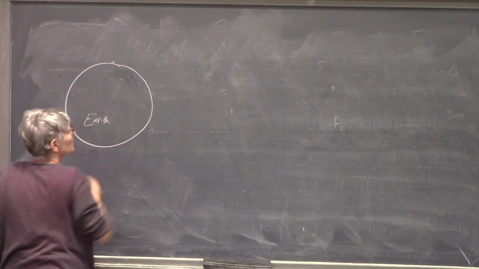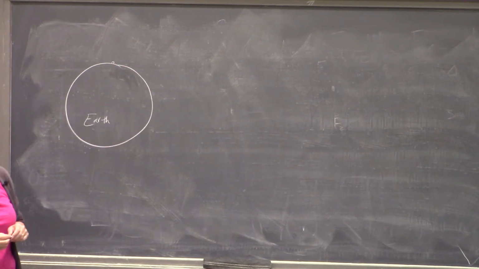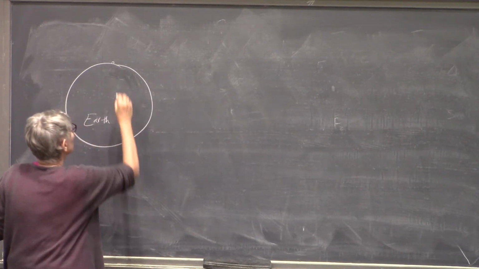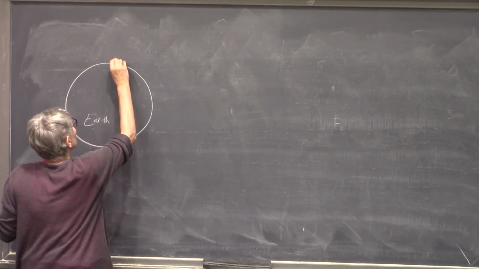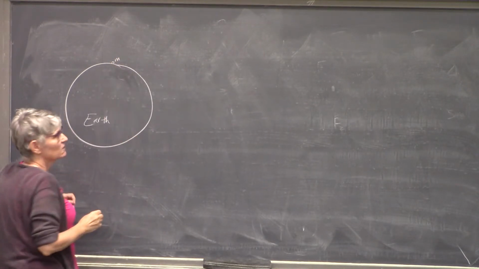Here's an object on the surface of the Earth. So we're just going to use this equation to calculate the force on this object. And we're going to be a little bit general and just say it's an object of mass little m.